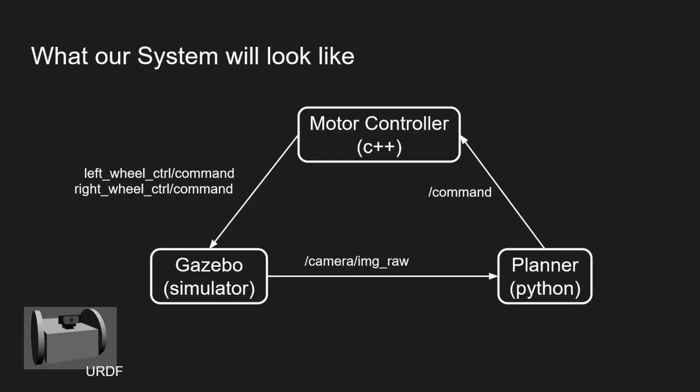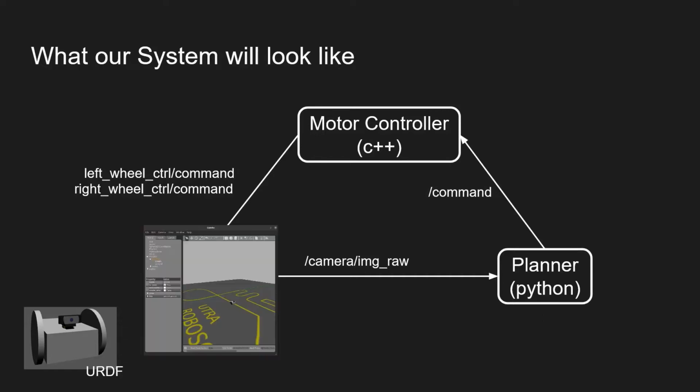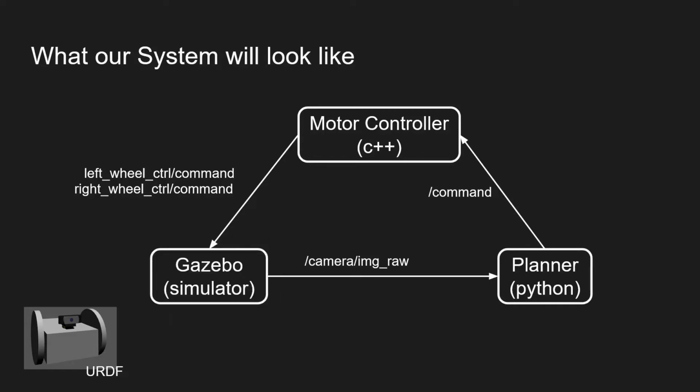To make it a little bit more concrete, I'll give you an example. Say Gazebo does a simulation step and it figures out that the robot is in some position in the world and it sees some image. It'll send that image to the planner.